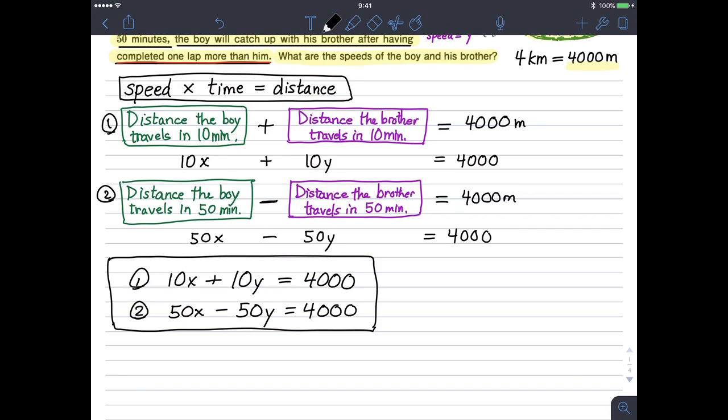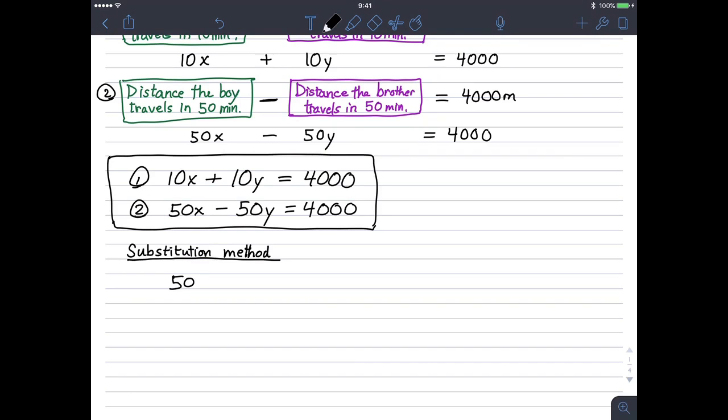Let's do that by using the substitution method. In the substitution method, we need to solve for one of the variables. So let's take the second equation, 50x minus 50y equals 4,000. If we divide both sides by 50, we get x minus y equals 80. Then x equals y plus 80.